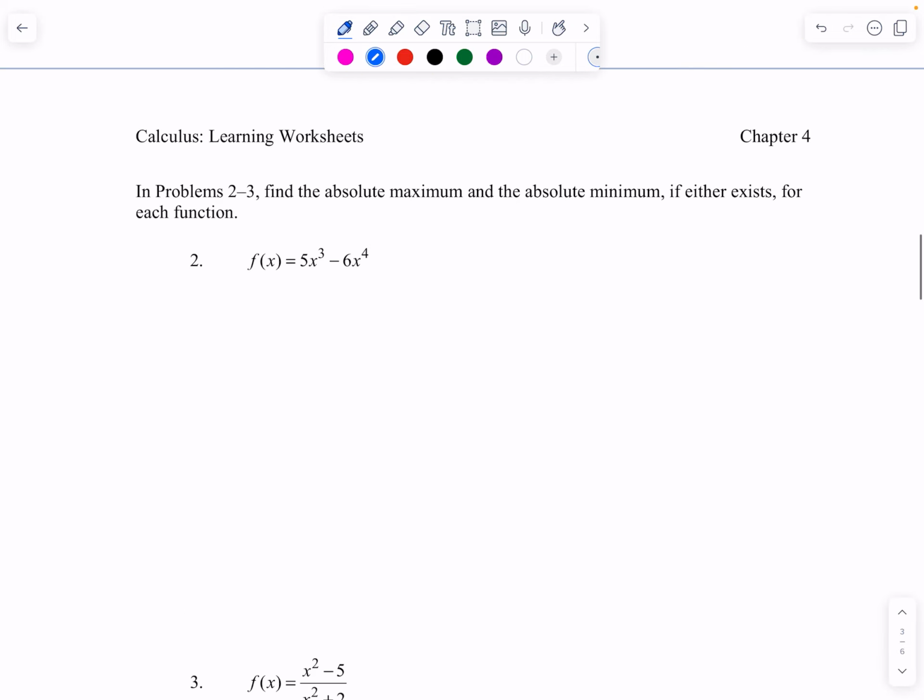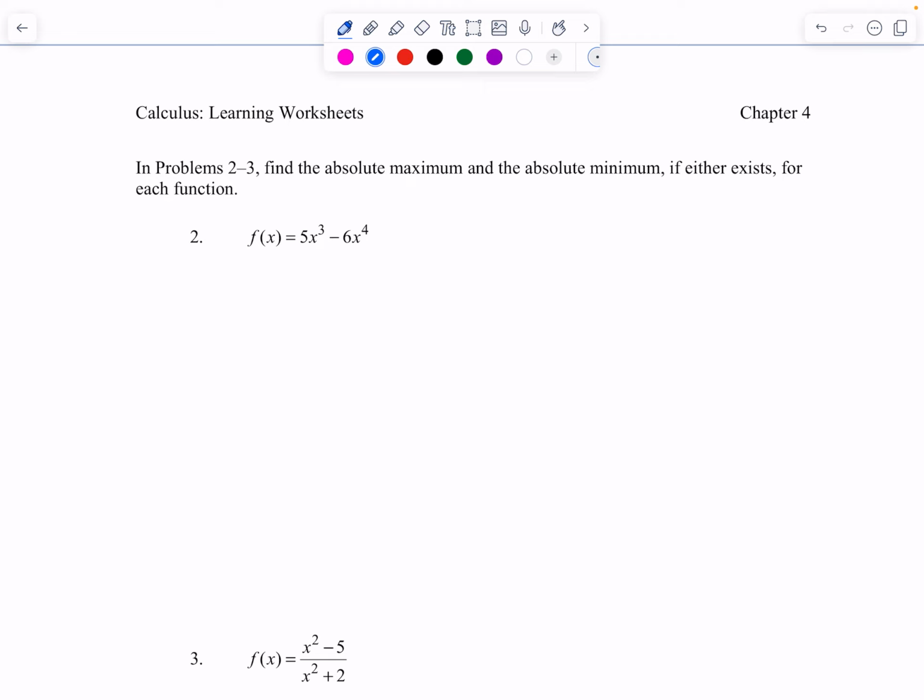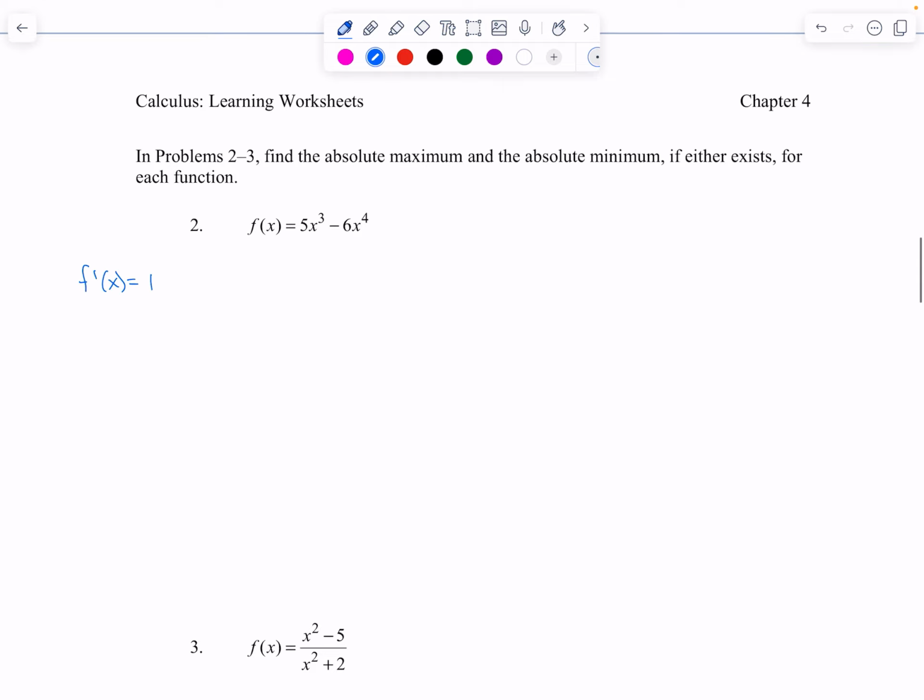In problems 2 to 3, find the absolute maximum and the absolute minimum if either exists. So, f of x equals 5x cubed minus 6x to the 4th. Again, let's find our critical values. So we'll take our derivative. The derivative of 5x cubed is 15x squared. The derivative of 6x to the 4th is going to be 24x cubed.